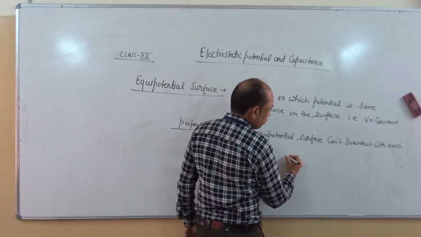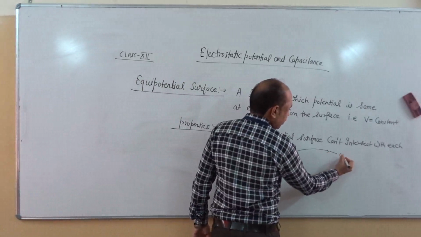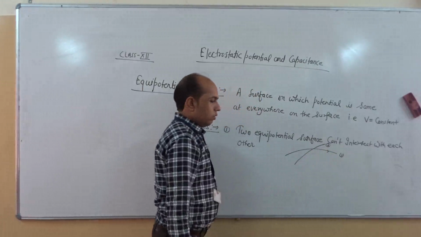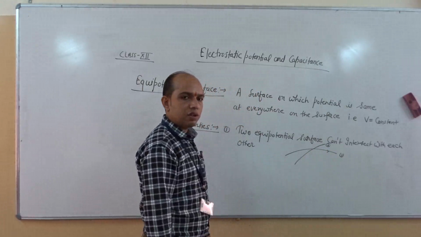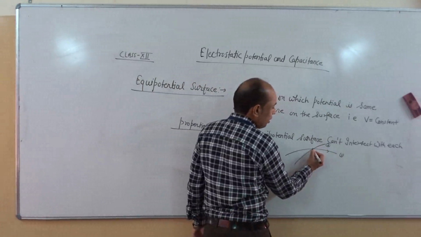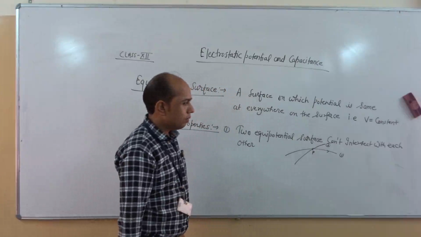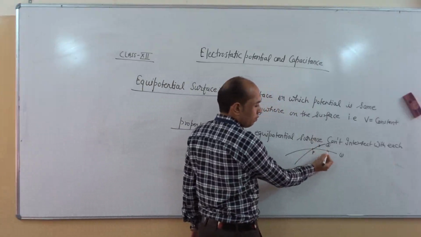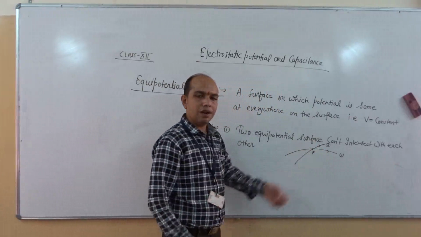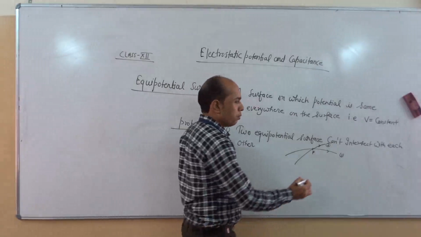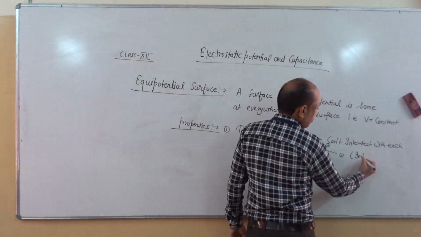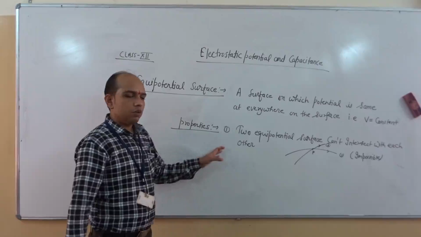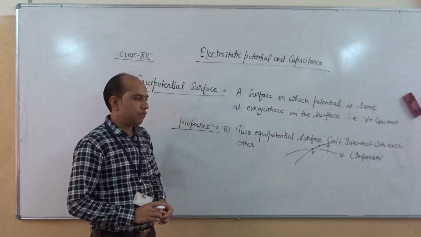Now we see, suppose this is the first surface and this is the second one. When two equipotential surfaces intersect at a point, for example at point P, there will be two directions, first direction and second, at a single point, which is impossible. So this shows two equipotential surfaces cannot intersect with each other.